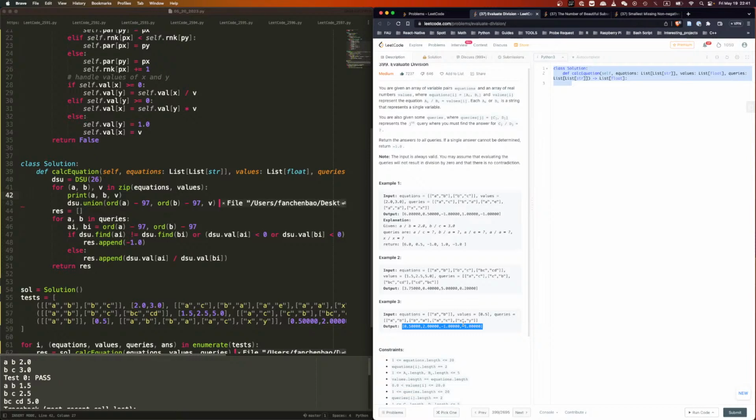We can do the single ones first. Okay, so we can sort it based on the sum of the length. So we sorted it. Now it's guaranteed the single ones go first. Now if we have a double, we check it first. Check if any one of them is already there, right?